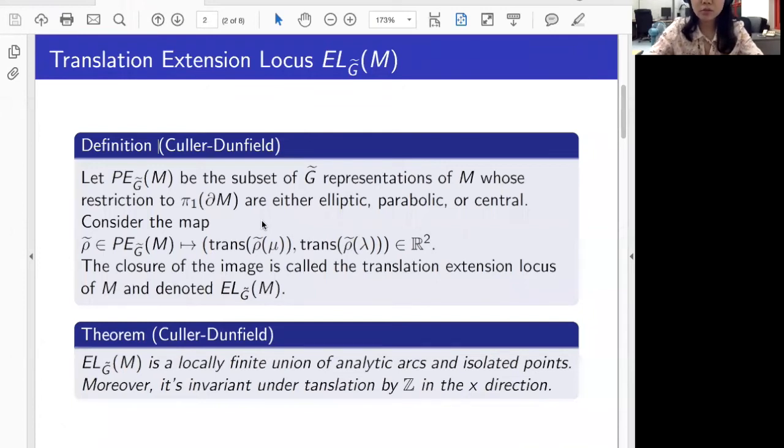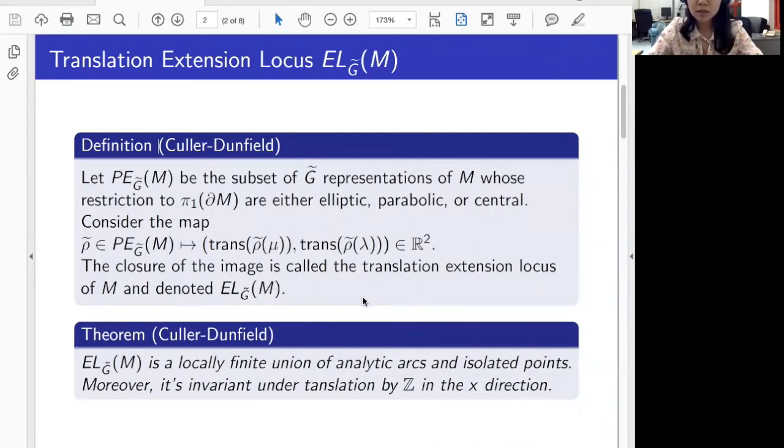So these coordinates keep track of the action of the meridian and the action of the longitude on the real line. Therefore, if you have an element of the fundamental group of the boundary, which is represented by a curve of slope, say P over Q on the boundary, then you can use these coordinates to recover the action of this element on the real line.